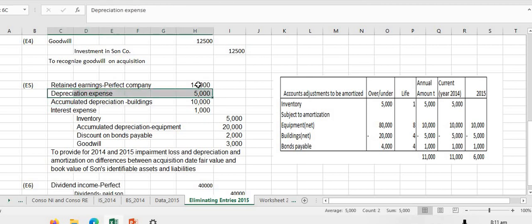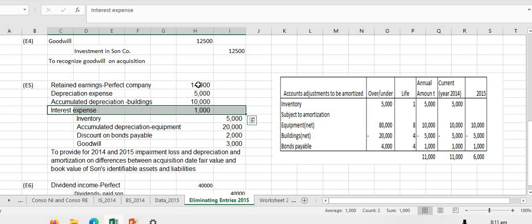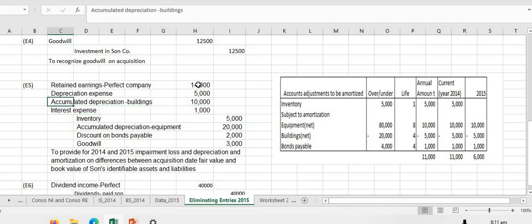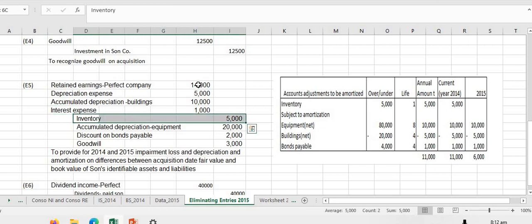This is actually the net of the equipment and the building. Then, we also recognize interest expense of 1,000. So, for the inventory, there's 5,000, which is already included in this 14,000. Then, inventory 5,000.